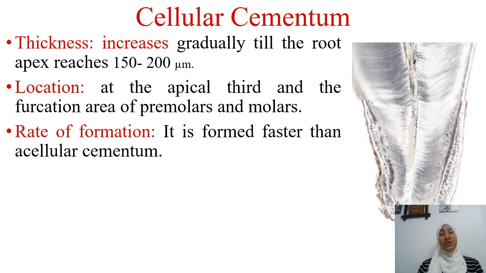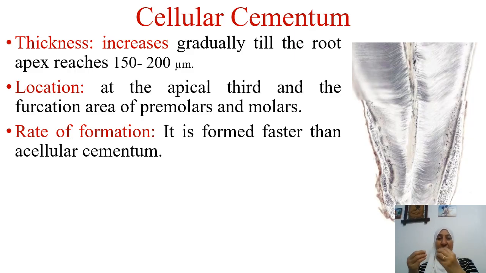The rate of formation here is faster than the acellular cementum, and this is the result of entrapment of the formative cells. During acellular formation, the cells secrete the cementum and move away from the cementum.